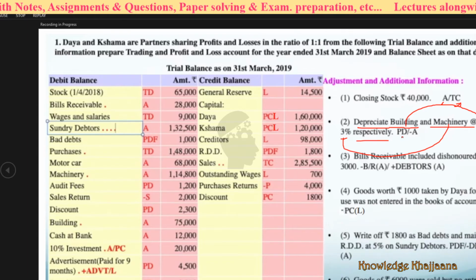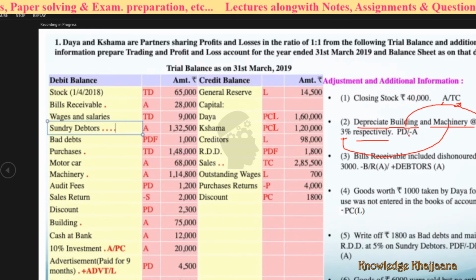Profit and loss account debit side, because it is purely an expense or loss. So the first entry would be profit and loss account debit side. And the second entry: that much of amount of depreciation will get reduced from the value, so we have to deduct it from the asset.